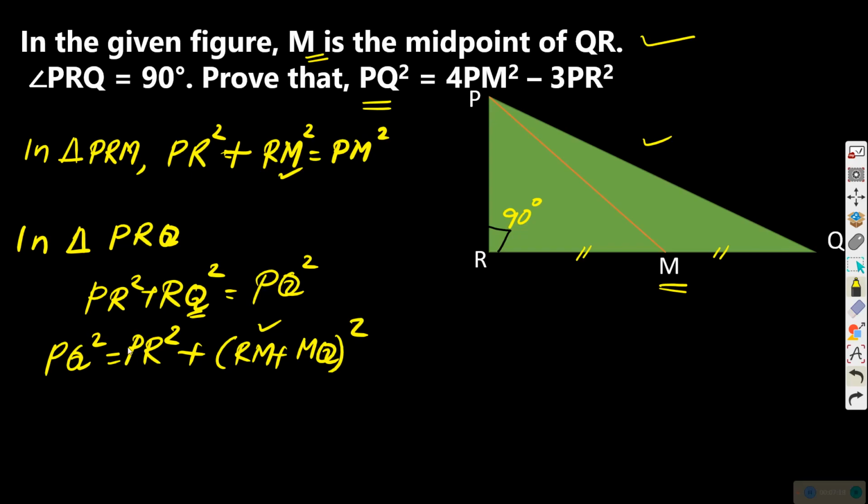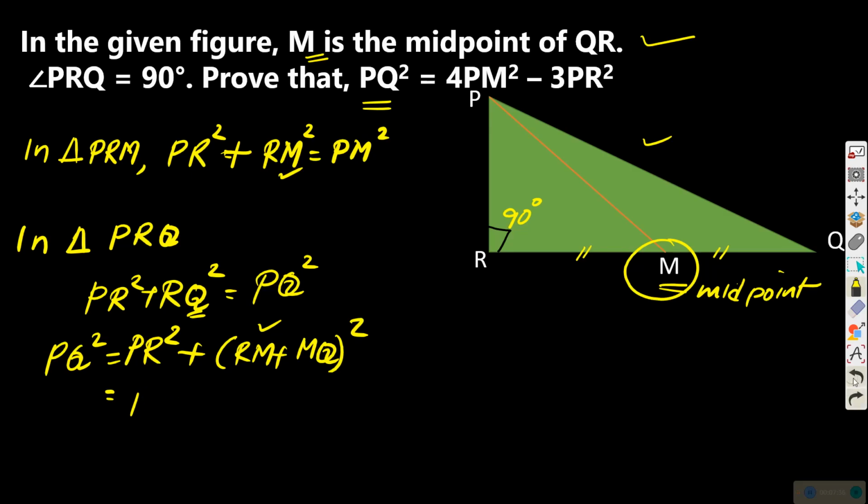We will consider RM is of use, otherwise RM won't come. M is given as the midpoint, so RM and MQ are equal, and RM is there in the first equation. We will connect with it.